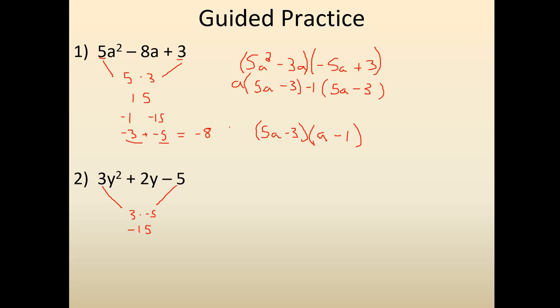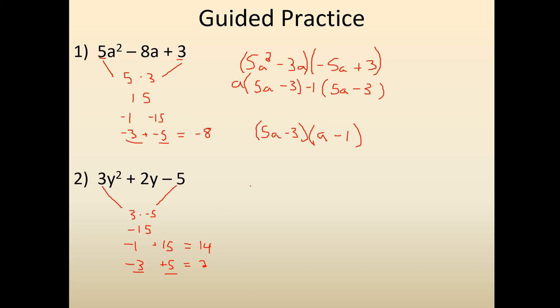And since the middle number is positive, my bigger number is going to be positive. So once again, the factors of 15 will be negative 1 and positive 15, and negative 3 and positive 5. Adding up these numbers, this becomes 14, this is 2. So once again, my numbers are 3 and 5, but now it's a negative 3 and a positive 5.